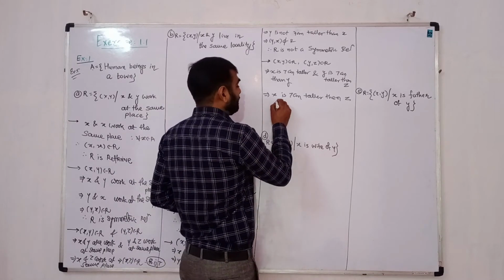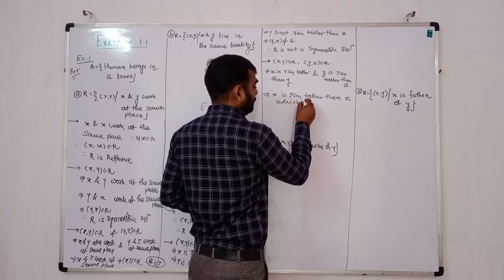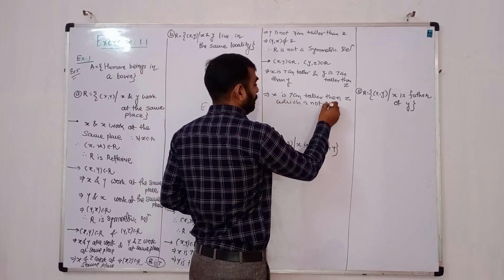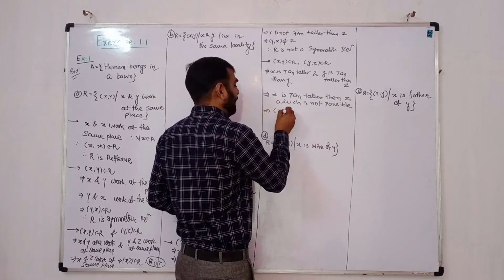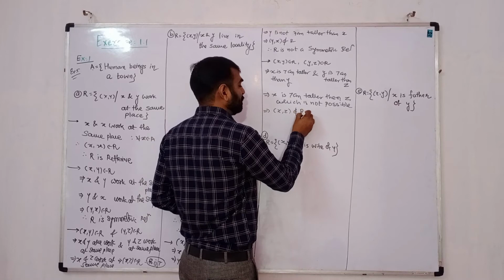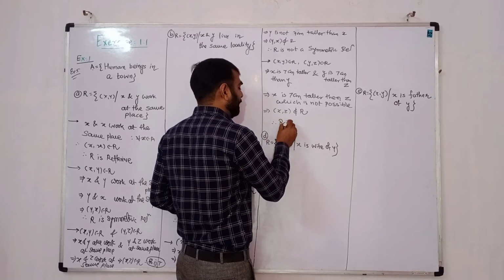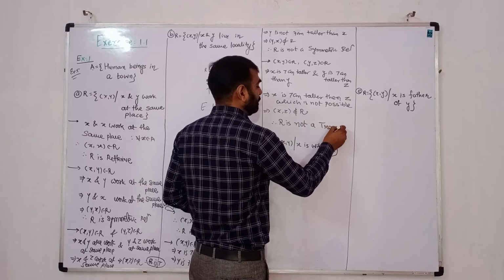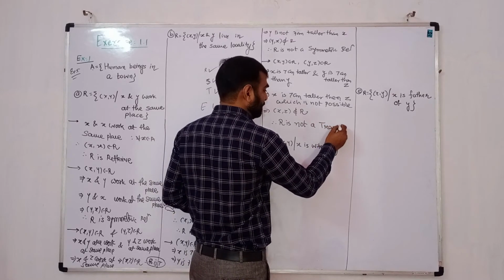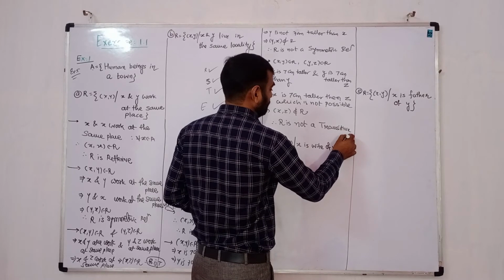Which is not possible. So we can say that XZ does not belong to R. उसका मतलब R is not a transitive relation.